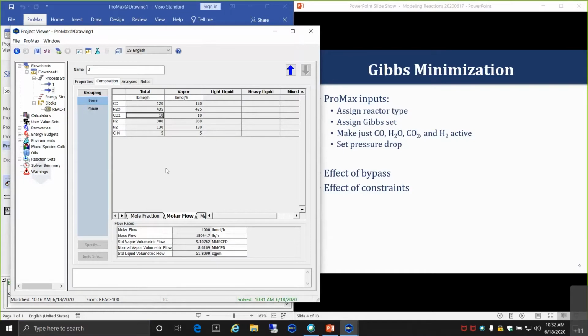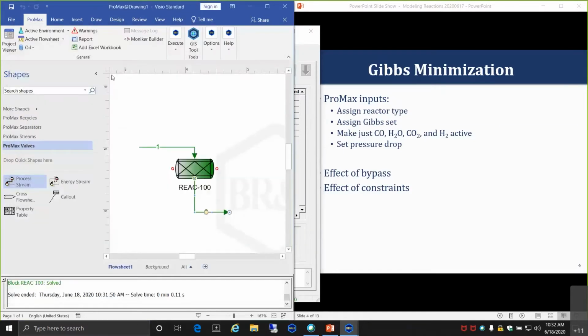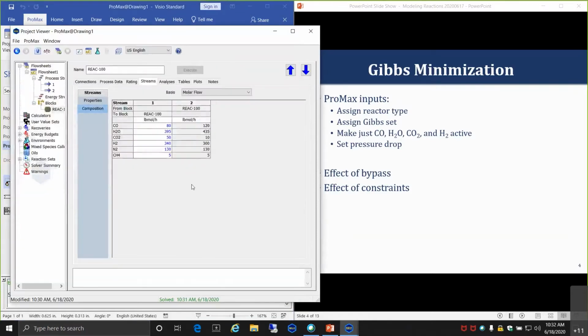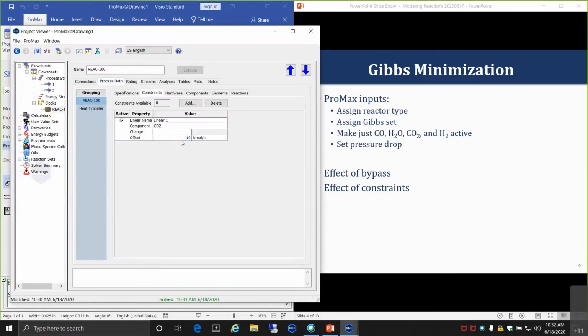So that's one of the things that you'll have to be careful with, the constraints, and especially the linear constraints. If you can set up a change aspect, this is effectively the slope, and this is the intercept for a linear line. Right now, we're saying there is no slope, and that slope would be something that would allow things to change based off of how much CO2 is coming in.